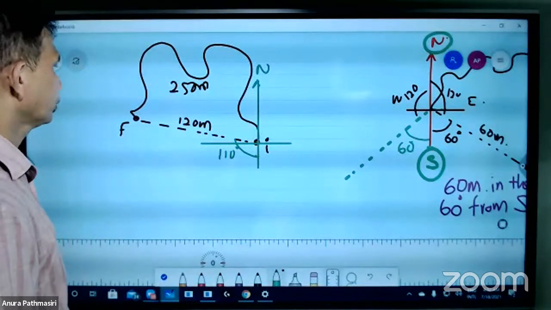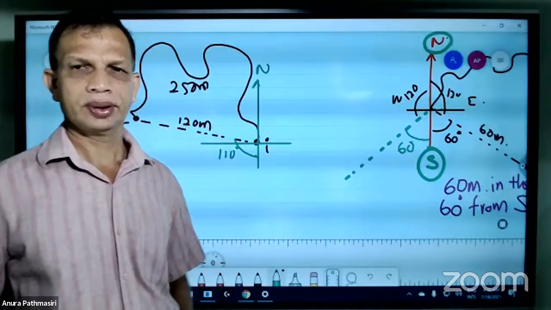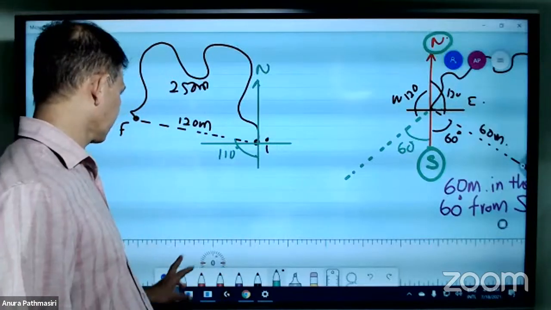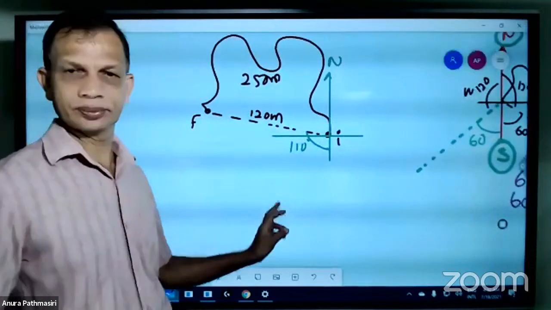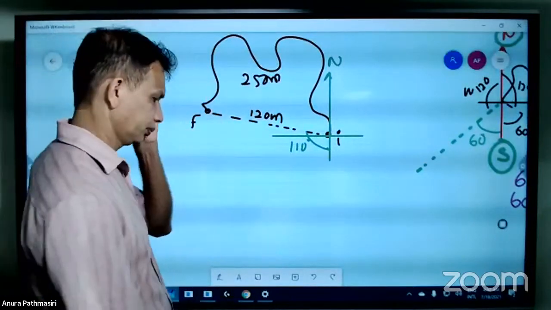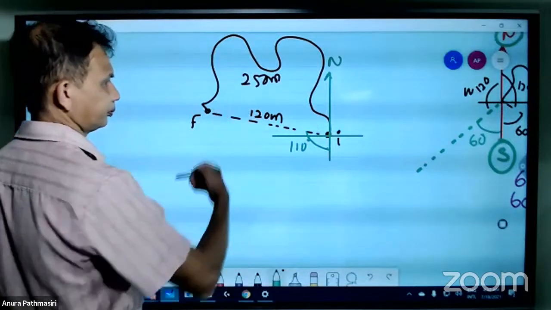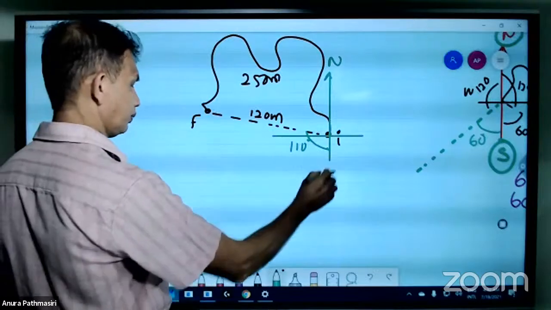So then how are you going to express the displacement? What can you use for expressing the displacement? Let me know.